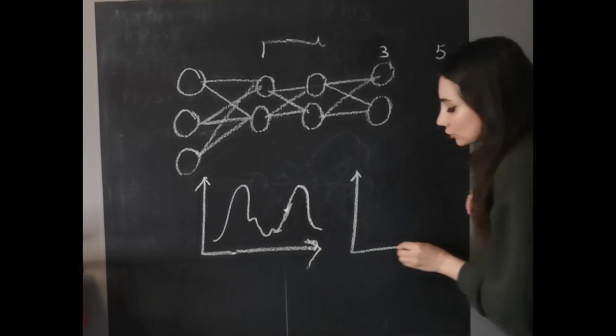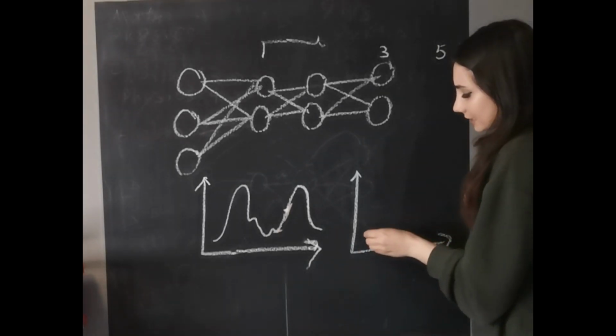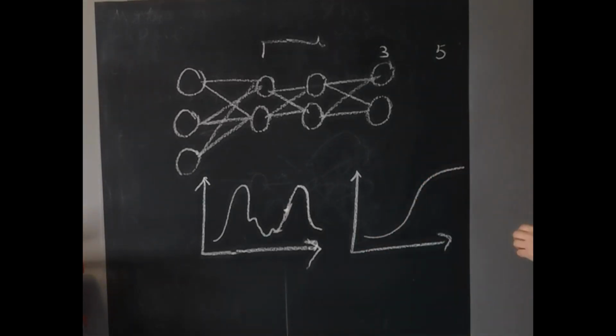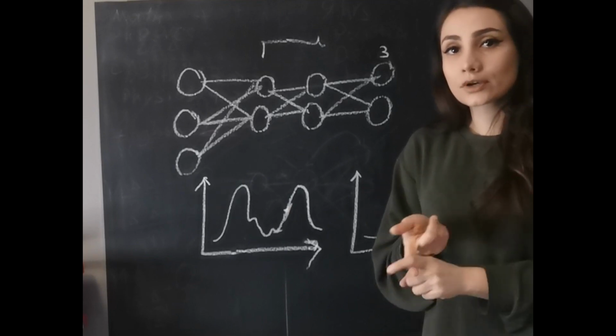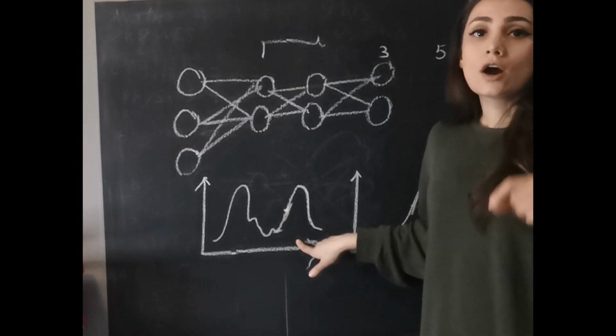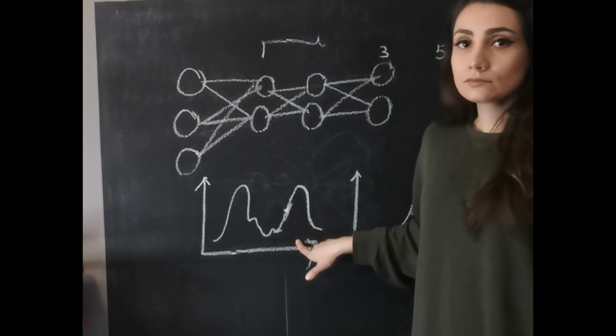For example, I use sigmoid activation function. Sigmoid activation functions look something like this. First of all, what output do I want this neuron to give me? And that goes to the derivative of the loss function, or the gradient of loss.